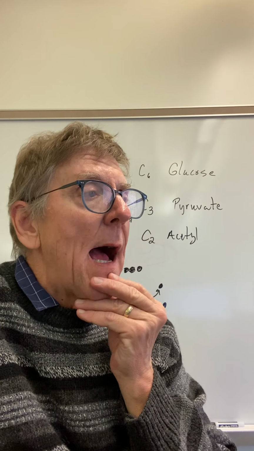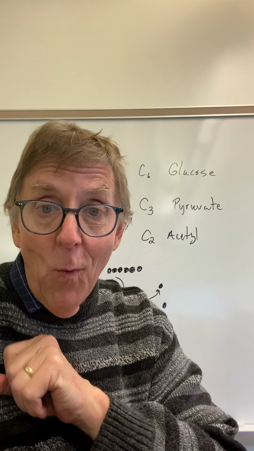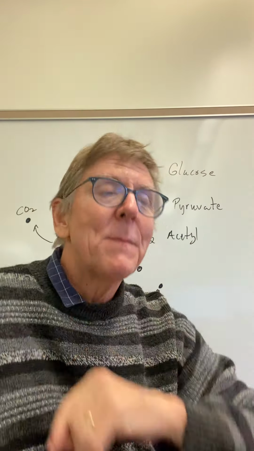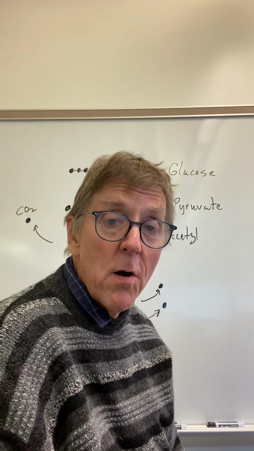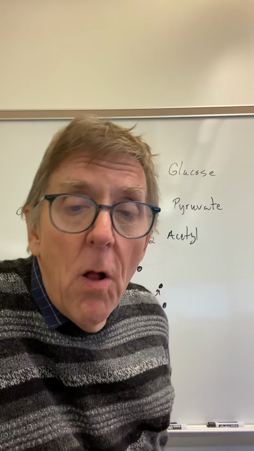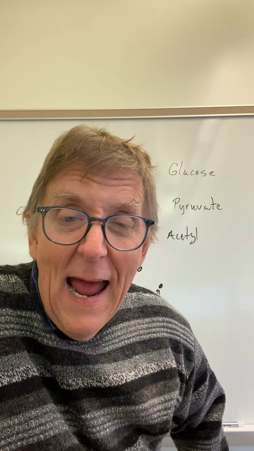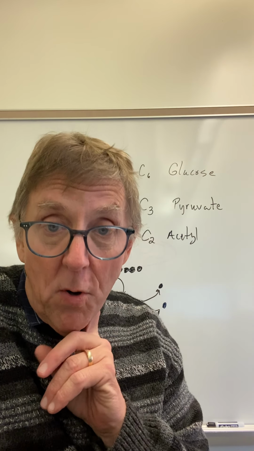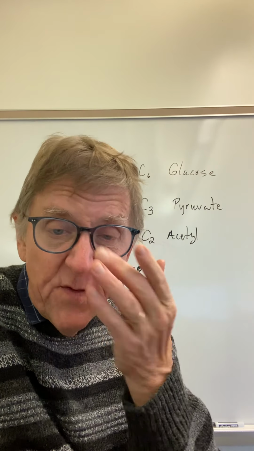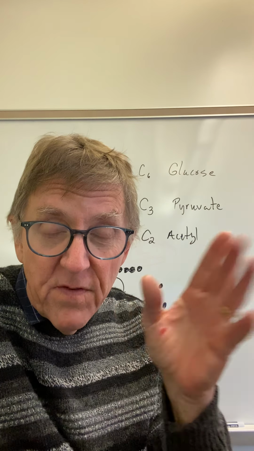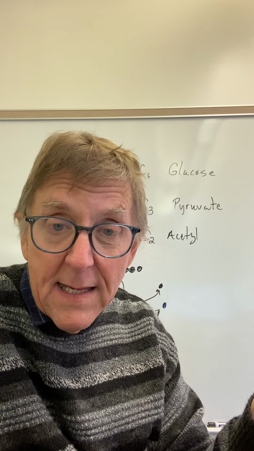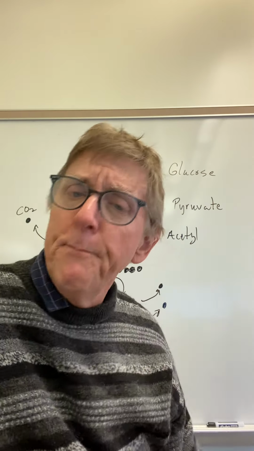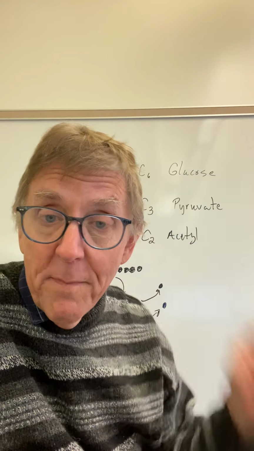So on this slide, the very first word in green, I seem to like green today, is called glycolysis. And you might remember from an earlier lecture that we had said lysis means bursting or breaking, and glucose.